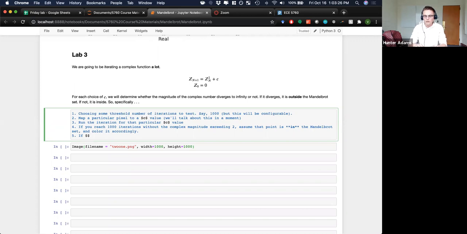If the magnitude of z squared, if the magnitude of z exceeds 2, assign that pixel a color that maps to the log of the number of iterations that it took to reach 2.